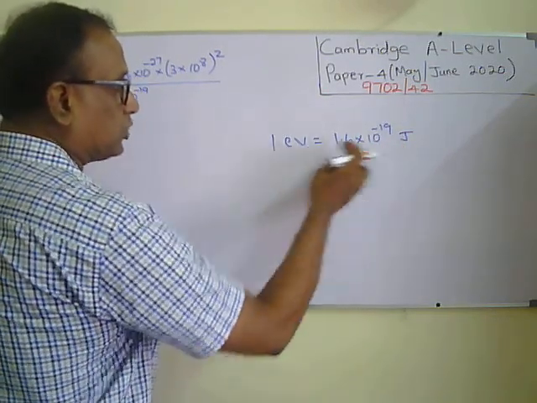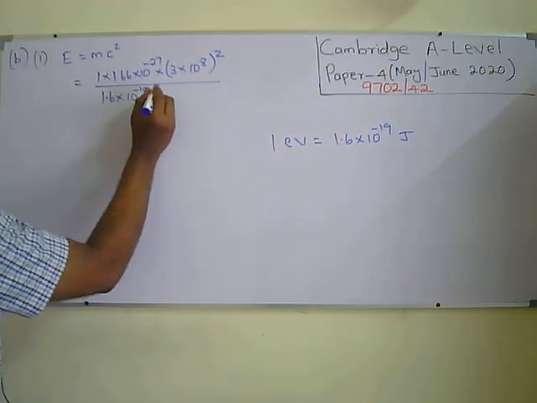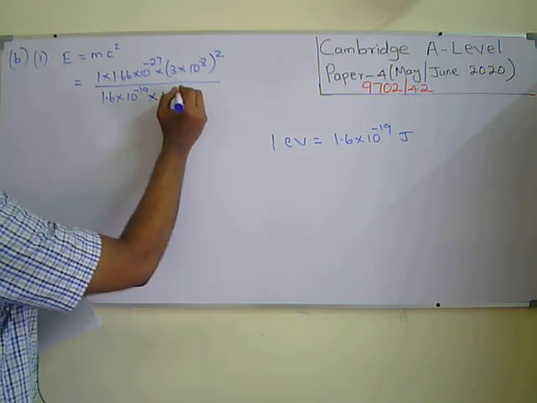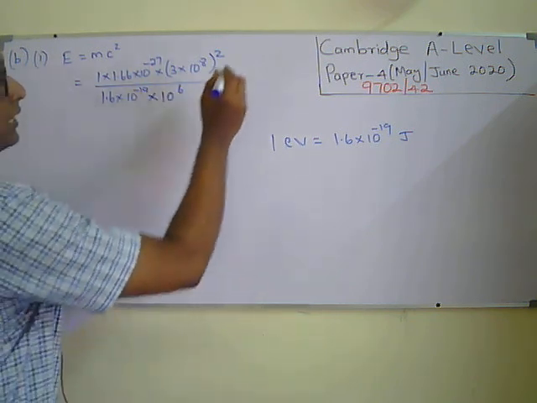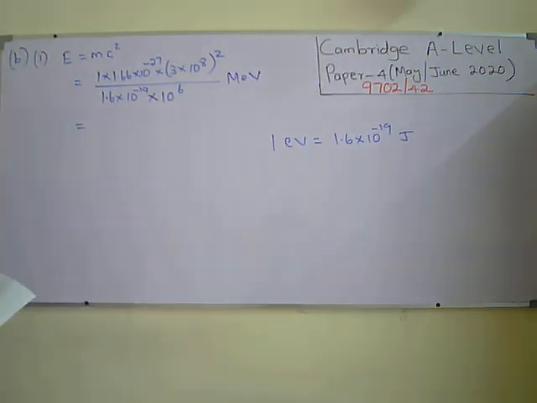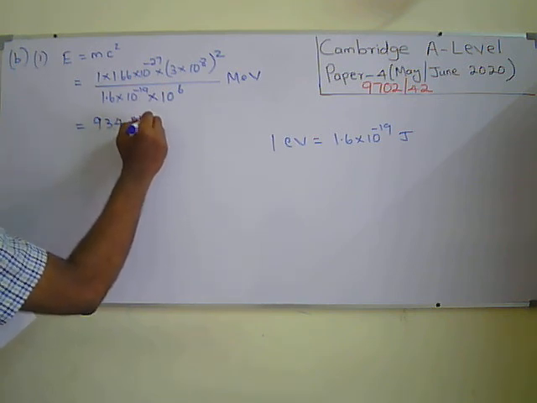So to convert joule to electron volt, I should divide by 1.6 times 10 to the power minus 19, and again divide by 10 to the power 6 for mega. Solve it, you'll get the answer, 934 mega electron volt.